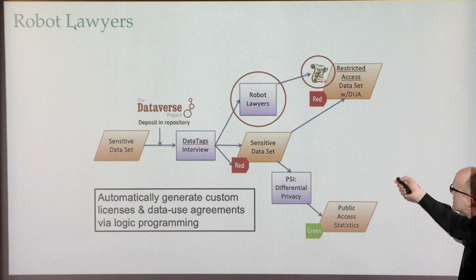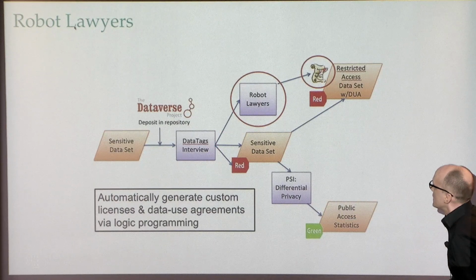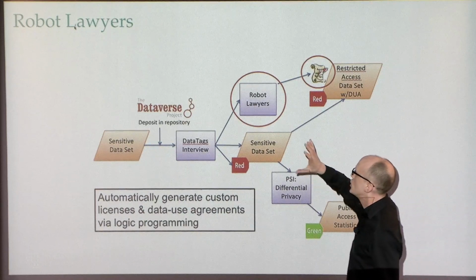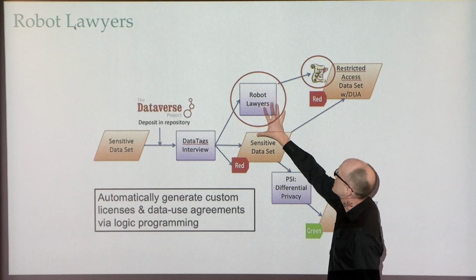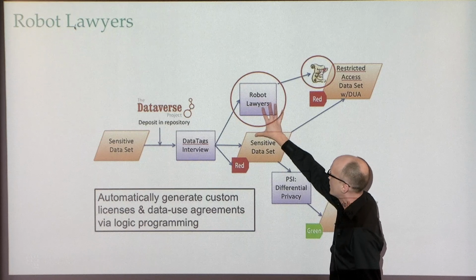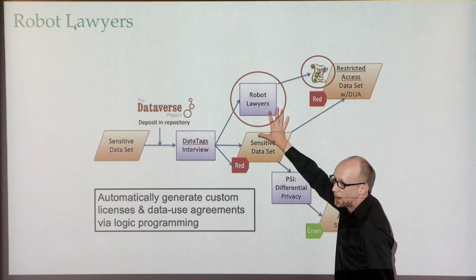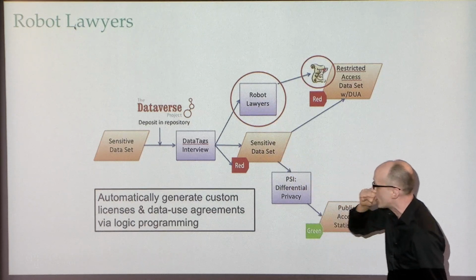If people do get access to data sets, something that we've seen a lot of is that negotiating terms of use for sensitive data sets, when they are finally going to be made available, can take an awful lot of manpower, particularly lawyerly manpower.